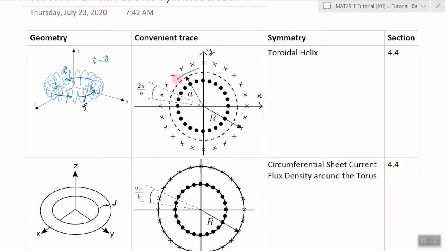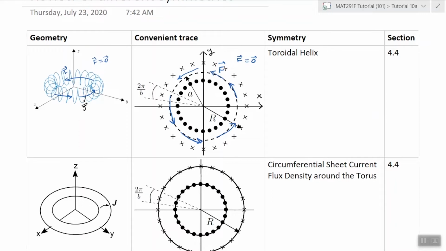The way I got this direction, again, is by the right-hand rule. Your thumb would be aligned with the wires, and the rest of your fingers will be aligned with the field. So this is the field, and outside it's 0.